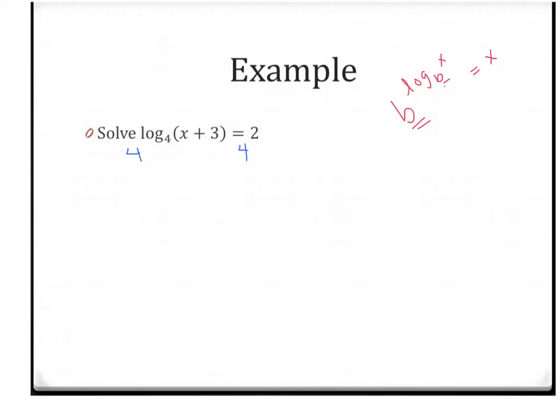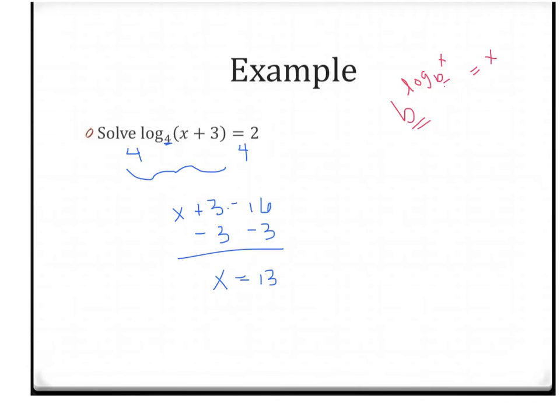And you want the bases to be 4 because then that matches that right there. So 4 to the log base 4 of x plus 3, this side, just then gives you x plus 3, and that's going to equal 16 because that was 4 squared. Minus 3, x equals 13.